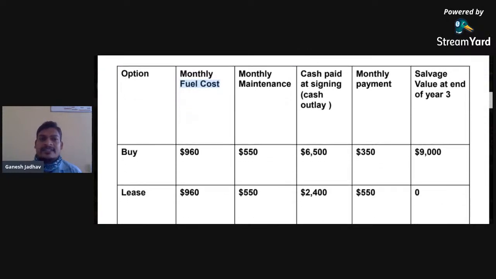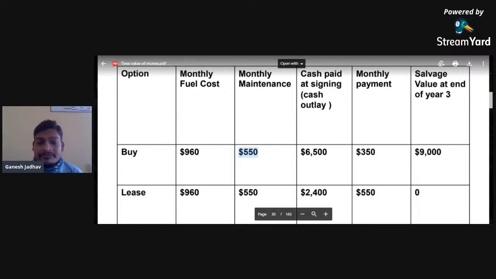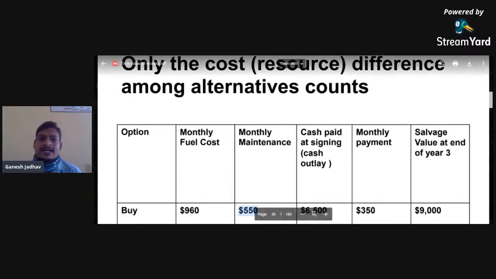For buying, the monthly maintenance is $550, and leasing is also $550. These are the options, and only the costs that differ among the alternatives matter.